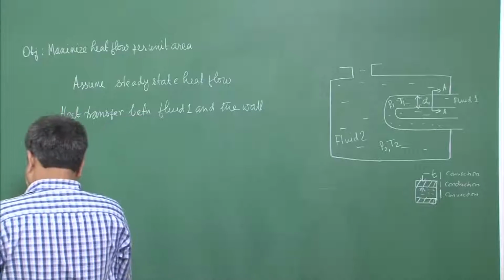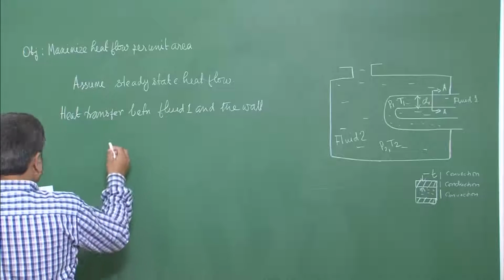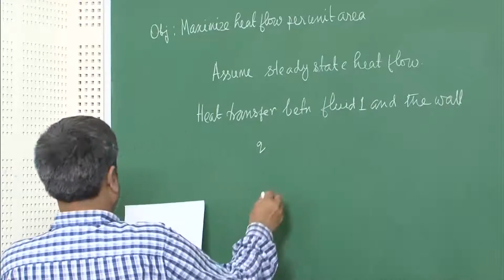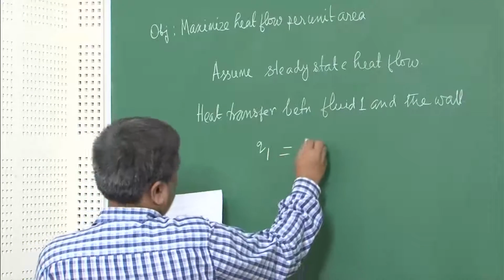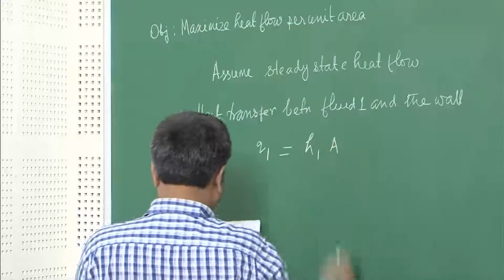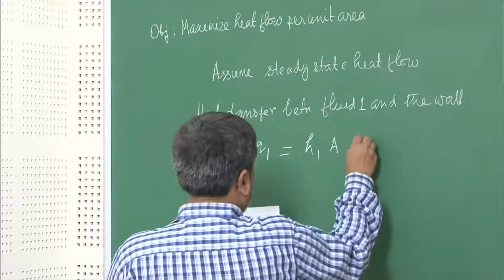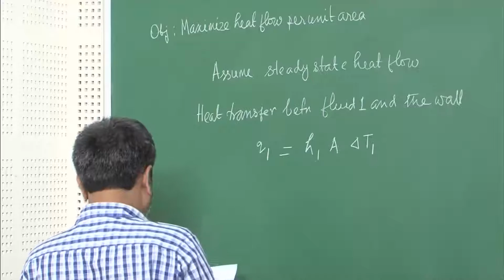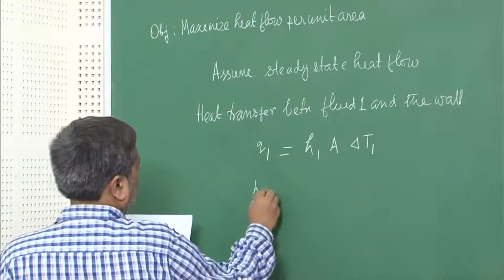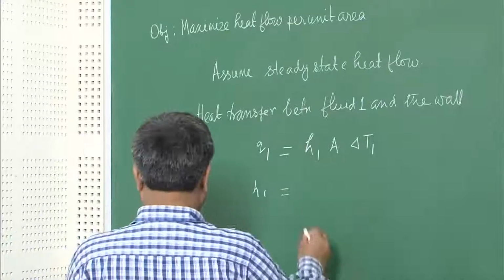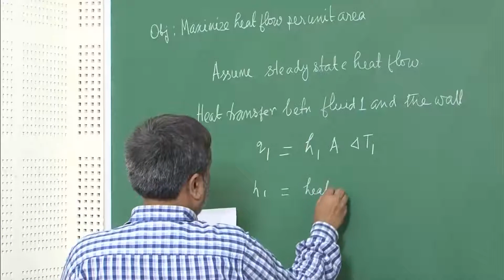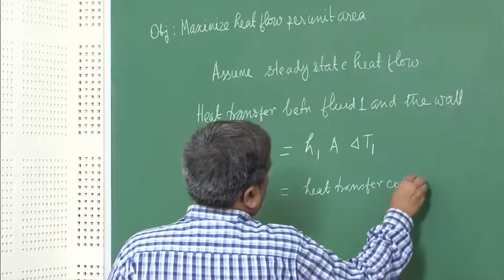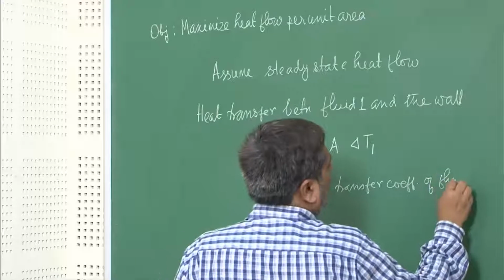Let this be denoted as Q1, which is H1 A times delta T1, where H1 is the heat transfer coefficient of fluid 1.